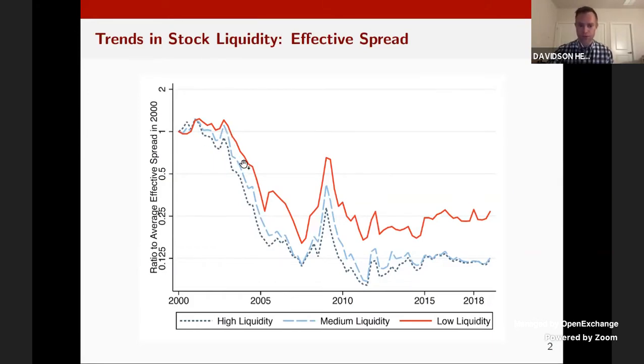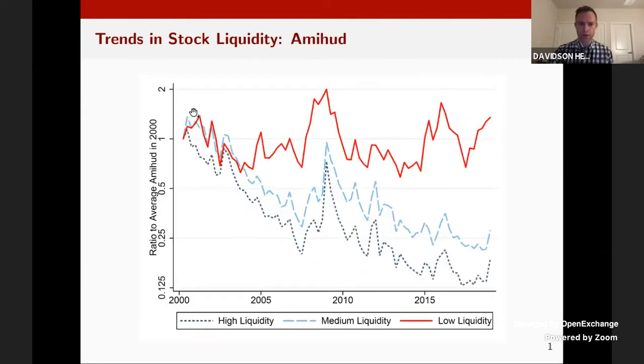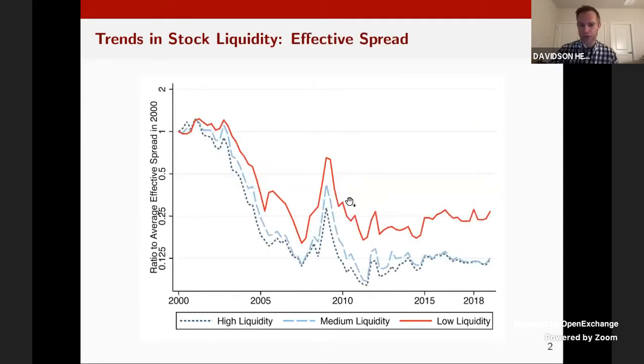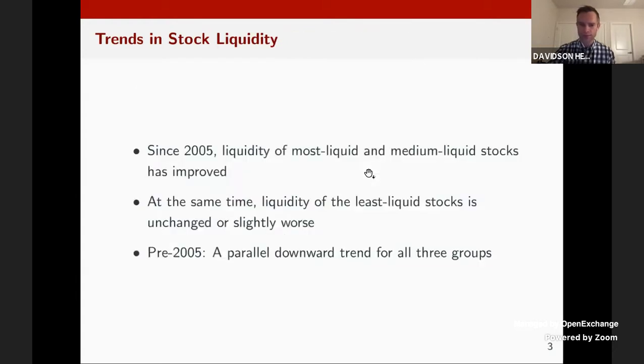And in both cases, you can see that the three patterns of liquidity move in parallel for the first 5 years or so of the sample, up to about 2005. And then there starts to be this significant divergence between them, okay, with the lowest liquidity tercile of stocks getting away from the other two.